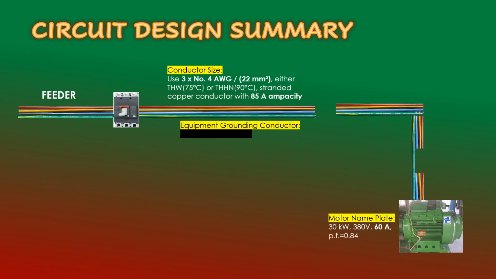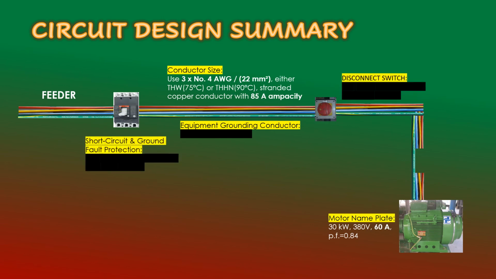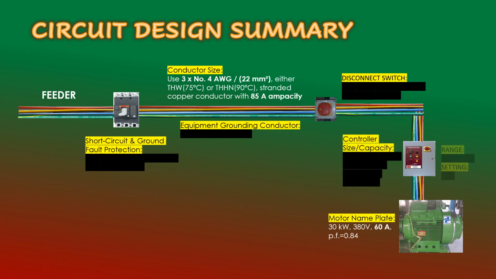So other things will be there, but we have not yet calculated. So these are pending to be calculated. We have the short circuit and ground fault protection, equipment grounding conductor, disconnect switch, controller size or capacity, the range of the overload device, the setting of the overload device.